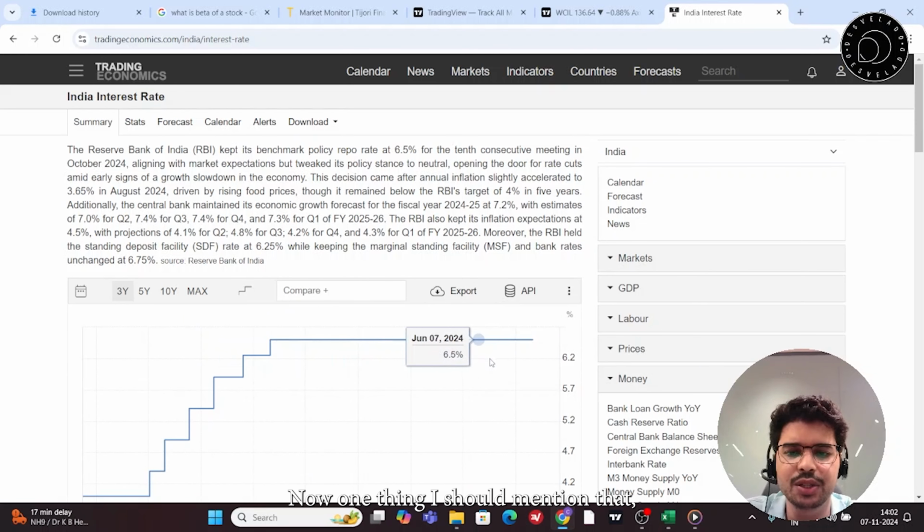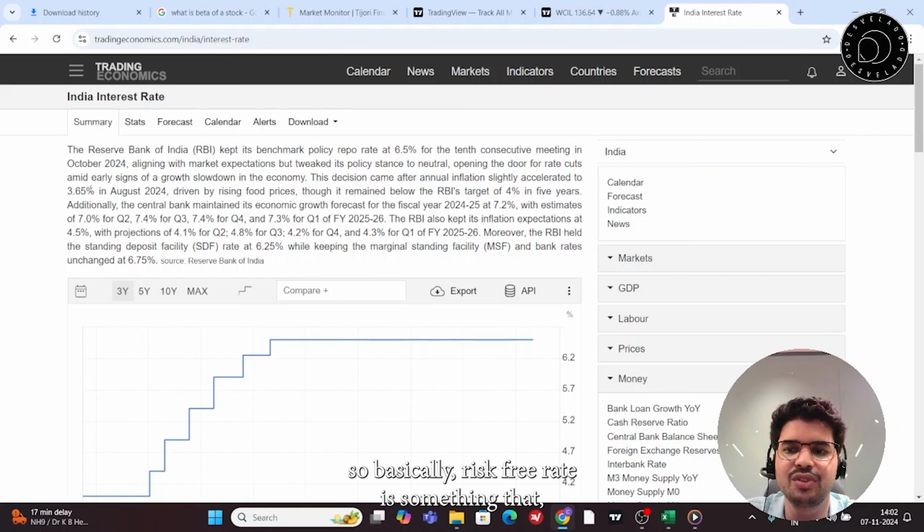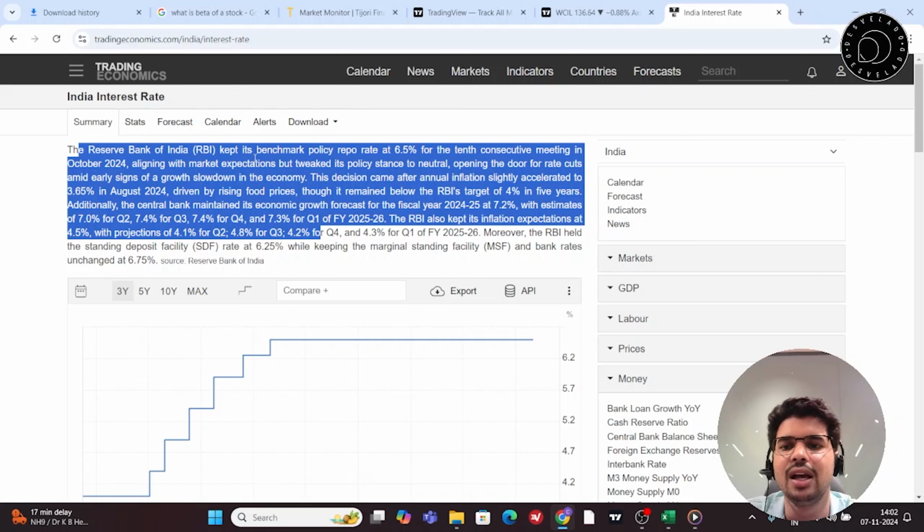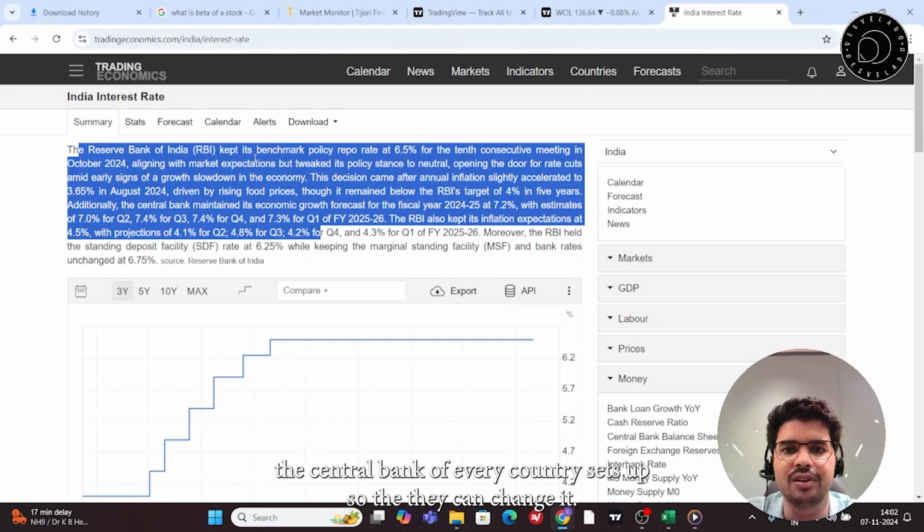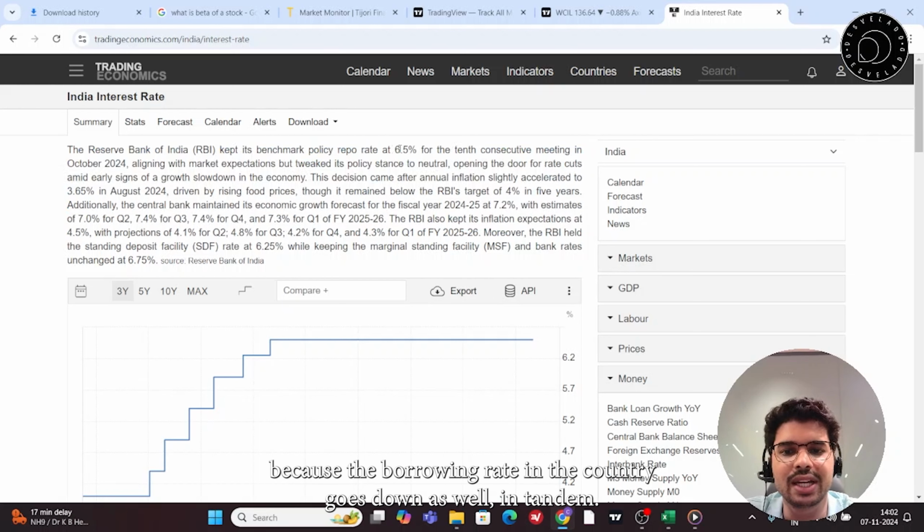Now, one thing I should mention is if there were expectations of a change in this risk-free rate. Risk-free rate is something that the central bank of every country sets, so they can change it. If they lower it, it means they are trying to stimulate the economy, because the borrowing rate in the country goes down in tandem.